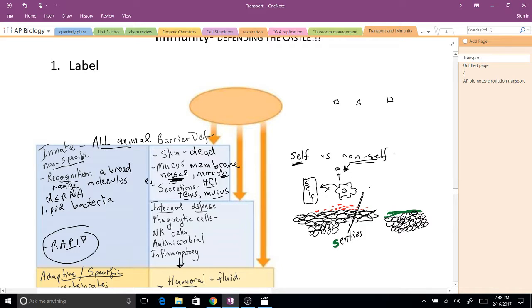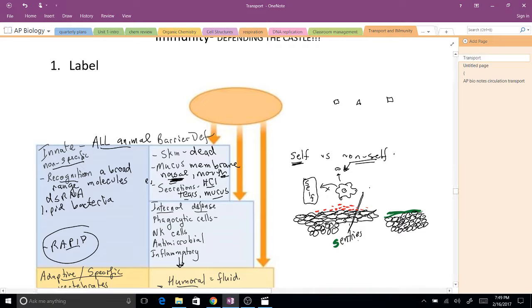Their MO is: I don't recognize you, therefore I will eat you. So we have these phagocytic cells that crawl around, these natural killer cells, the macrophages. These are all very similar in nature. They go around and recognize things that are non-self.